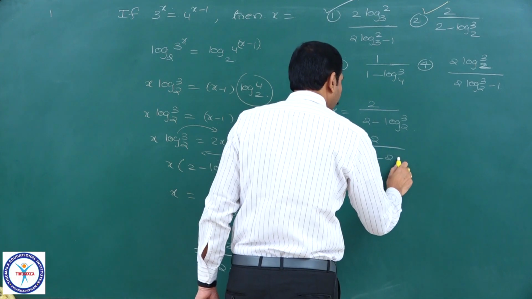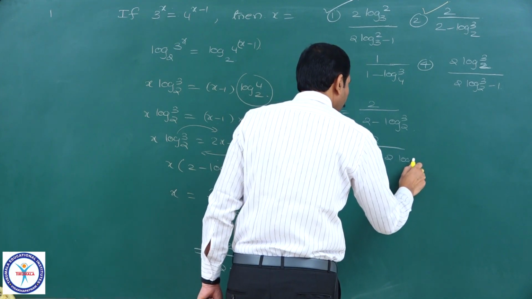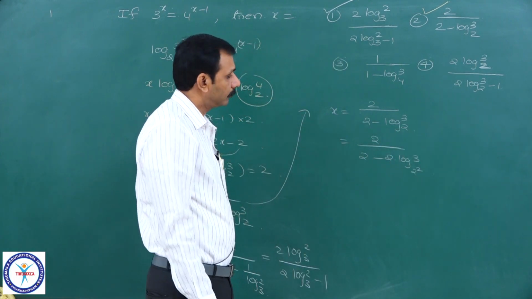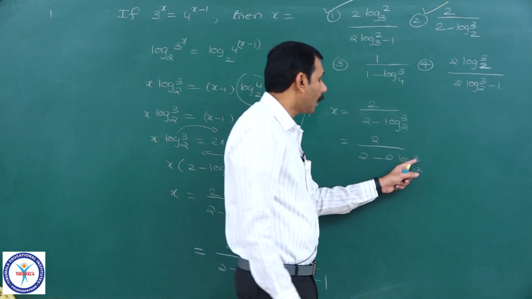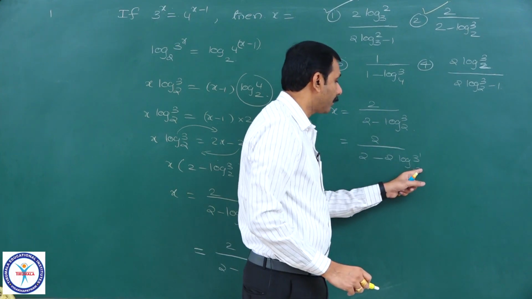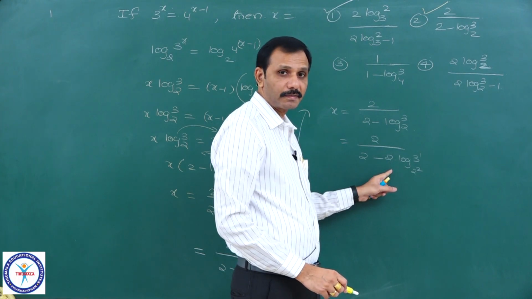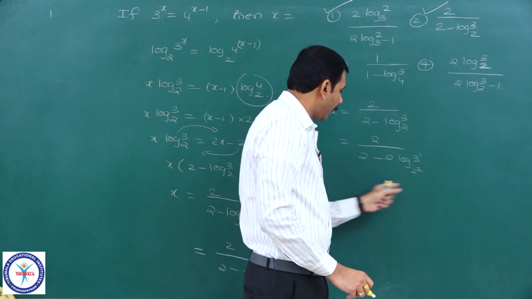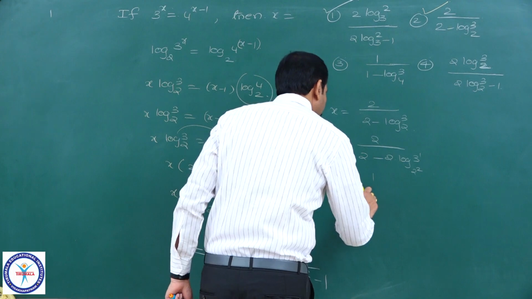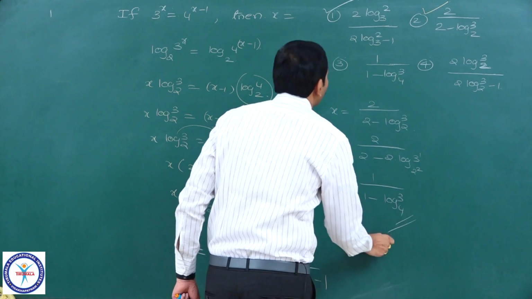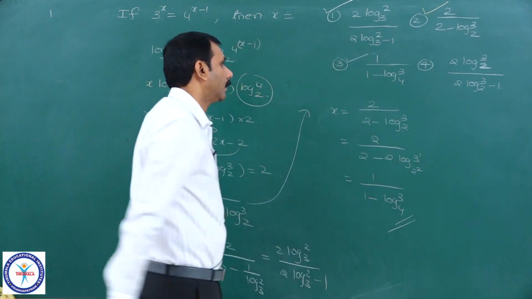Here the 2 I can write as 2 into log 3 to the base 2 square. Using log a power m to the base b power n is m by n, here 1 by 2, this 2 and this 2 will get cancelled. Now divide numerator and denominator by 2, it is equal to 1 by 1 minus log 3 to the base 4. Even this is also correct.